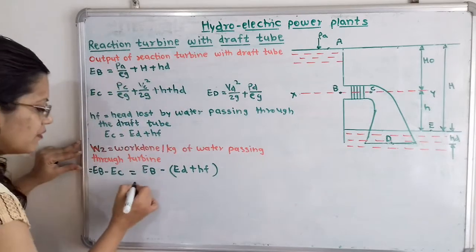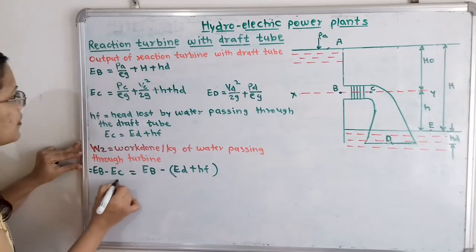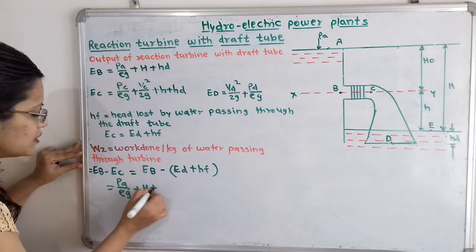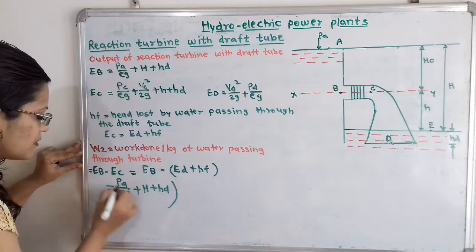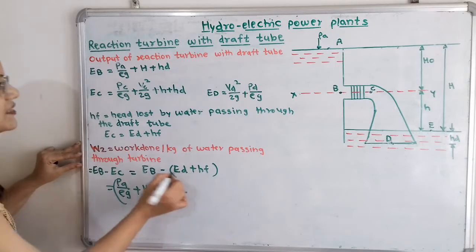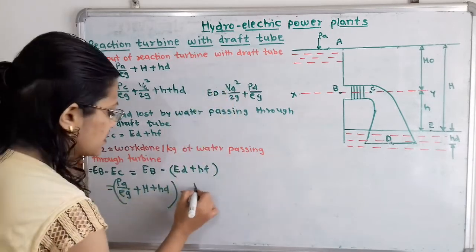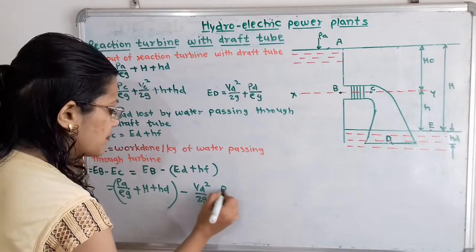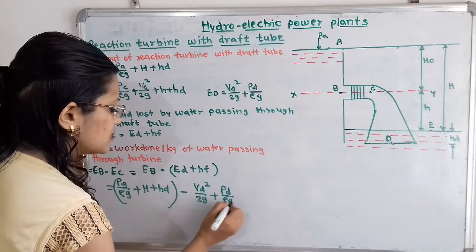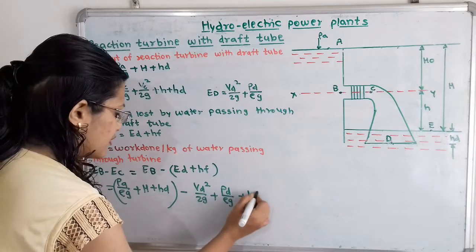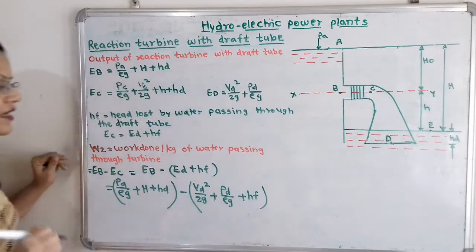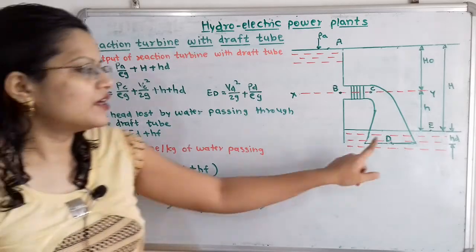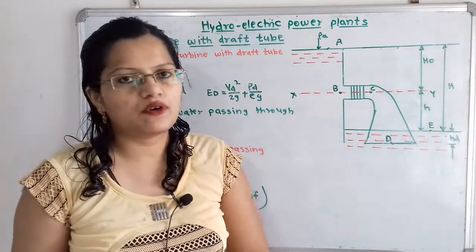Here, which is equal to PA by rho G plus capital H plus HD, minus, now what is this ED? So ED is here, that is VD square by 2G plus PD by rho G plus HF, and we have to put bracket. Now if we observe this pressure head, that is PD by rho G, we will define in terms of atmospheric pressure.